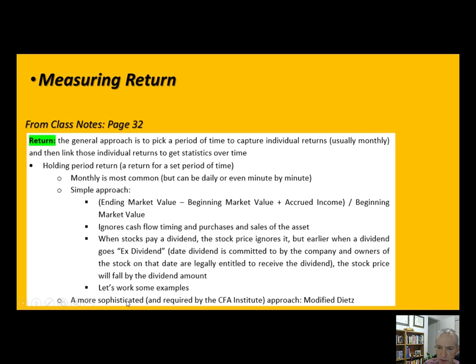I'll come down to this last bullet down here. A more sophisticated approach that you can look up, I actually recommend that you go out and look up modified Dietz with Wikipedia.